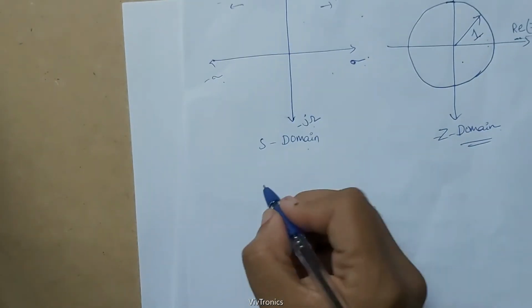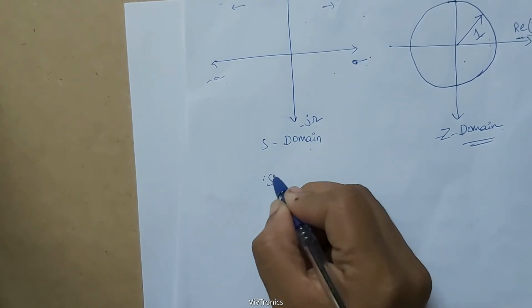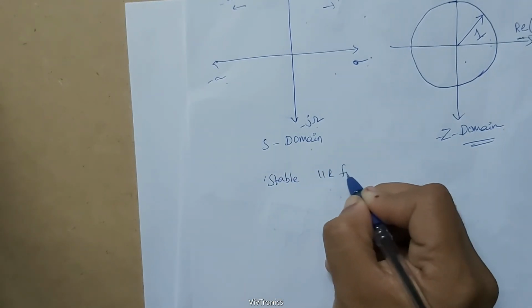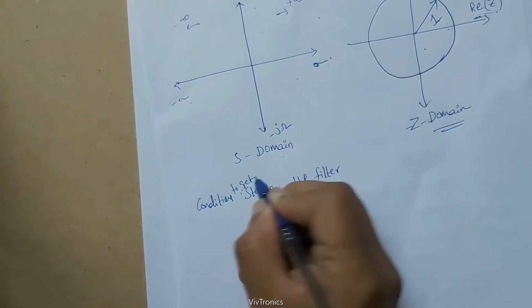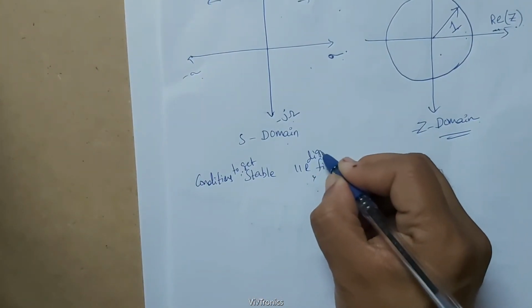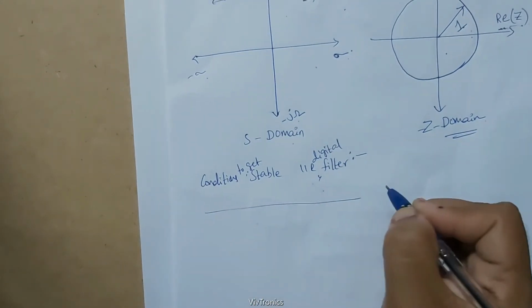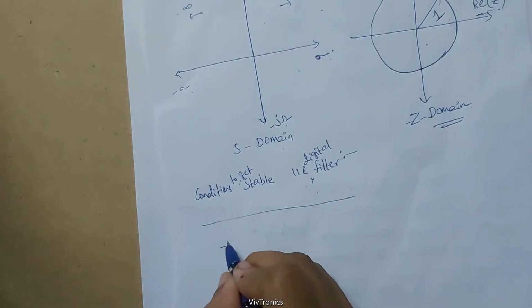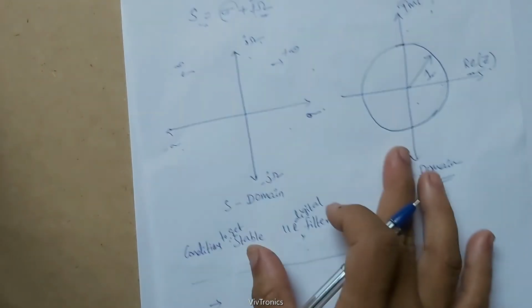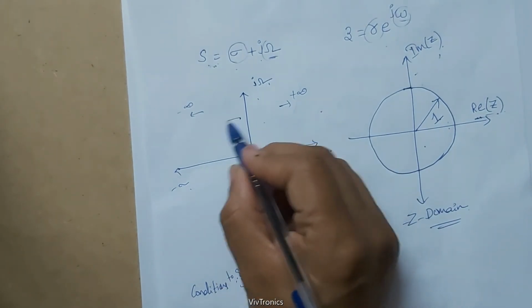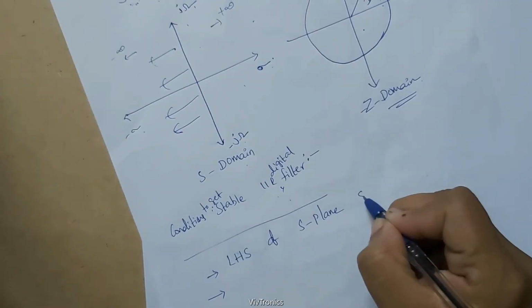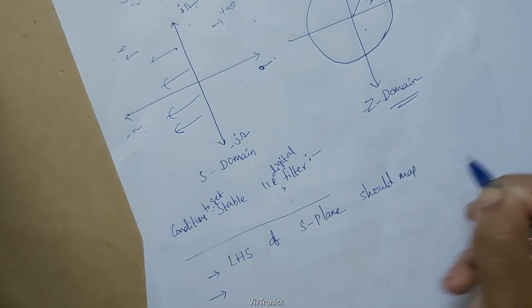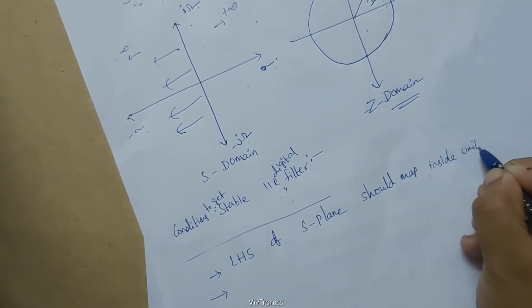The conditions to get a stable IIR digital filter are, as I told you earlier, two conditions. The first condition is that the left half of the S plane, that means this portion, should map inside the unit circle.